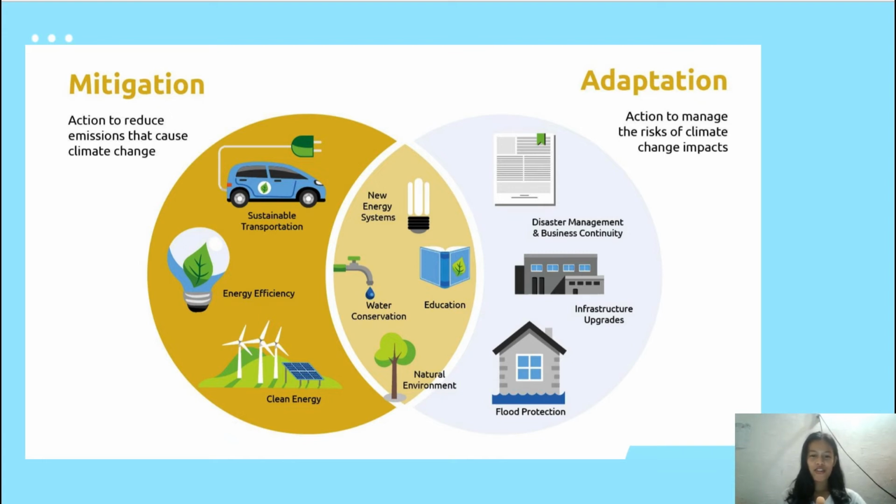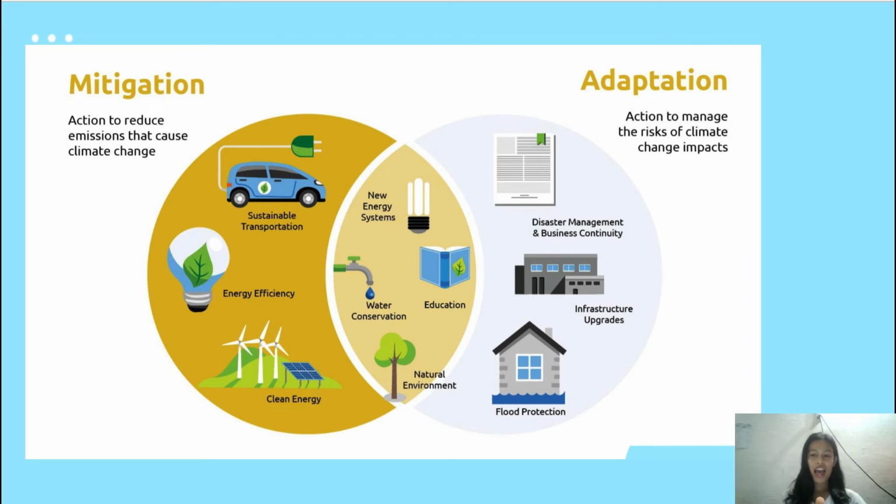Next, energy efficiency, so solar panels, and other sources of energy efficiency. So, clean energy. So, like I said, kanang solar panels, windmills.